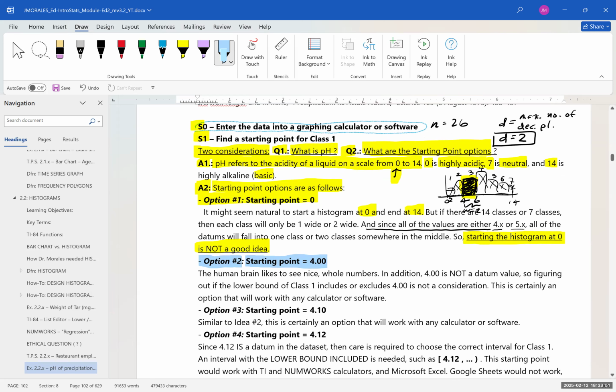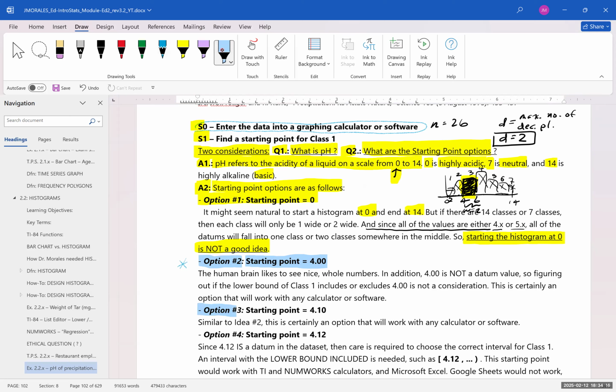The human brain likes to see nice whole numbers. In addition, 4 is not a datum value, so figuring out if the lower bound of class 1 includes or excludes 4 is not a consideration. This is certainly an option that will work with any calculator or any software. Okay, so option 2 could be a candidate we could use.